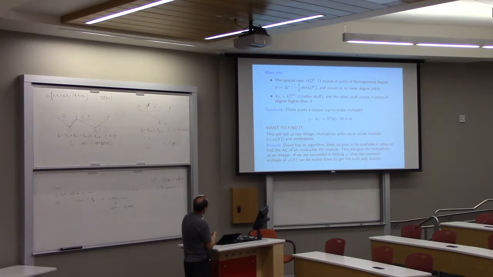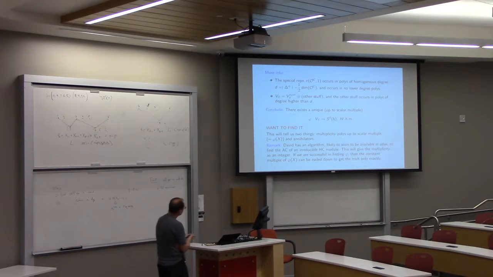And so if you can find this map, it will tell you the multiplicity polynomials up to scale, and that will tell you the annihilators.